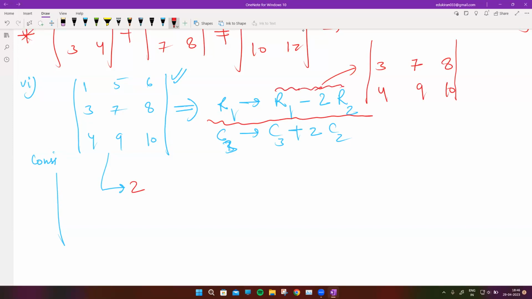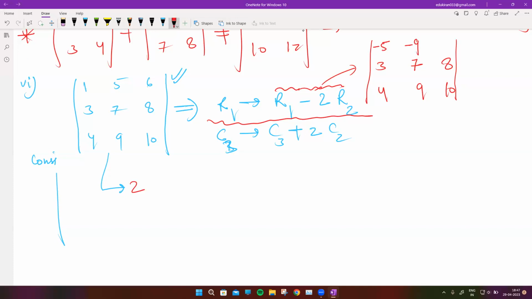Now we are changing row 1 with this rule. So for row 1, you have to take the element from row 1 minus twice of row 2. So this should be 1 minus twice of row 2, which is 2 into 3, which is 6. So the value here should be minus 5. In this way, you have to change every element of row 1. So second will be 5 minus 14, which would be minus 9.